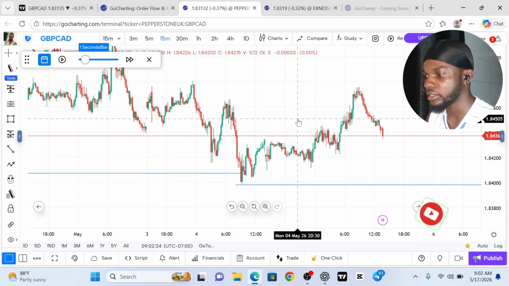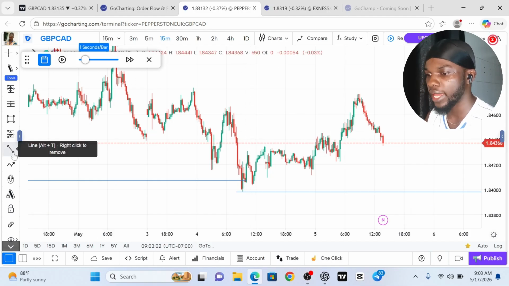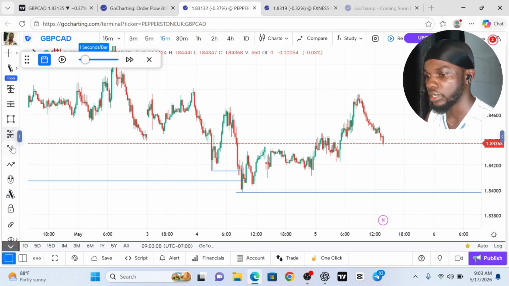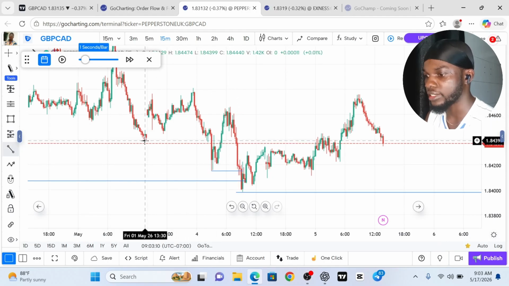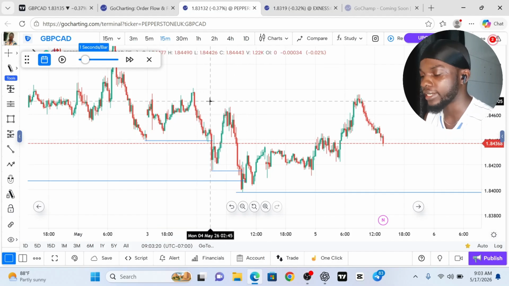And like I said, in my external, I used to consider the most recent break of structure, while in my internal, I used to consider the two most recent breaks of structure, the first and the second one. So the first one I have here is this. This is the first break of structure. And the second one I have here is this. These are the two most relevant break of structures I need in my internal.